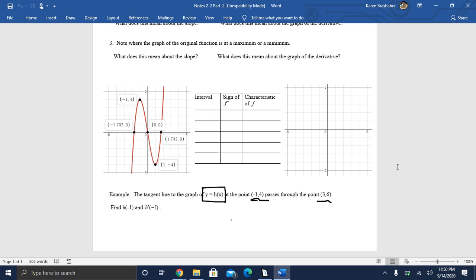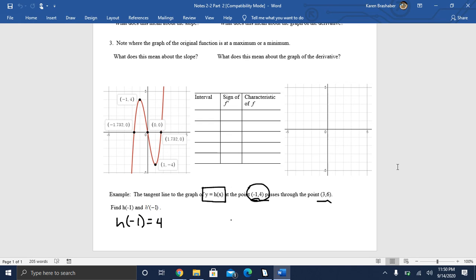I'm asking you to find h of -1 and then h prime of -1. Well, h of -1 is very simple. H of -1 simply means tell me what the y value is when your x is a -1. Well, you have that right here. So h of -1 is 4. Your y is a 4 when your x is -1.